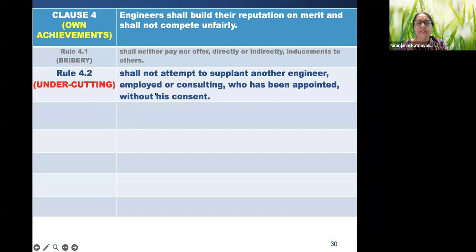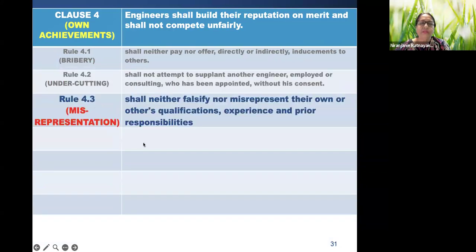And no undercutting. Shall not attempt to supplant another engineer employed or consulting who has been appointed without his consent. Now you should not displace another person unfairly. Misrepresentation. Shall neither falsify nor misrepresent their own or others' qualifications, experience, and prior responsibilities. Right?